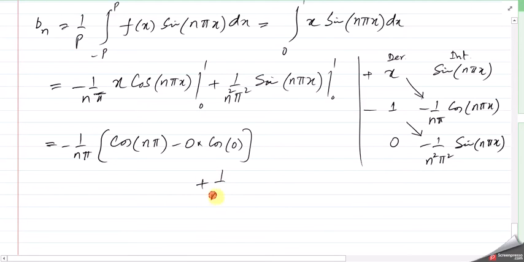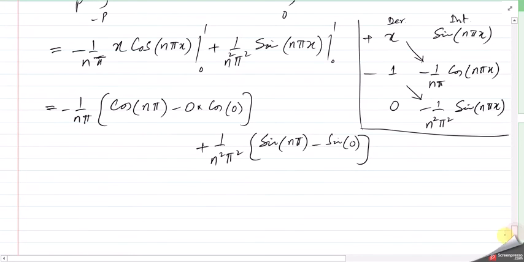Plus 1 over n square pi square, sine of n pi minus sine of 0. Now this term goes to 0 because it is multiplied with 0.